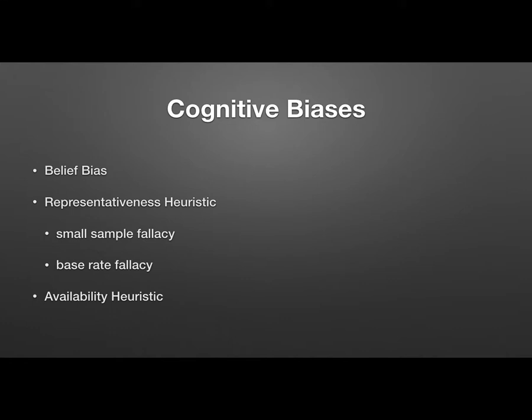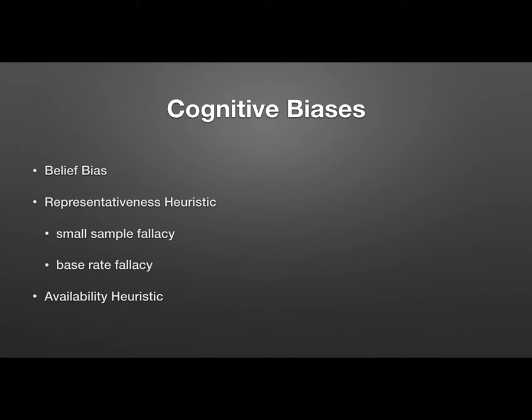Base rate fallacies, we'll see an example of this. We often fail to take into account general facts about the world, like how many babies are born in the Starkville Hospital in an average week. Most of us probably don't know that information, but if we set up a scenario in a certain way, we would assume a certain number and work off of that.